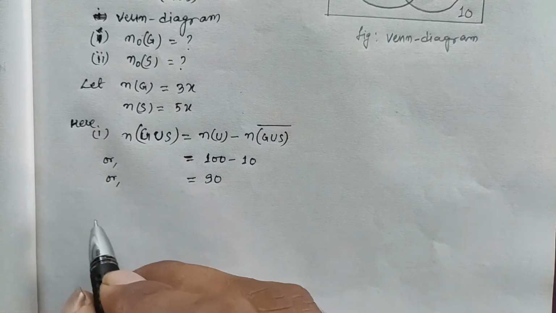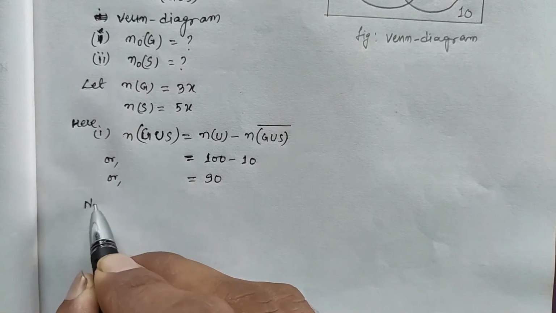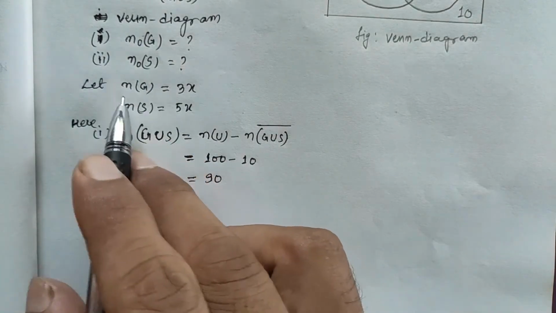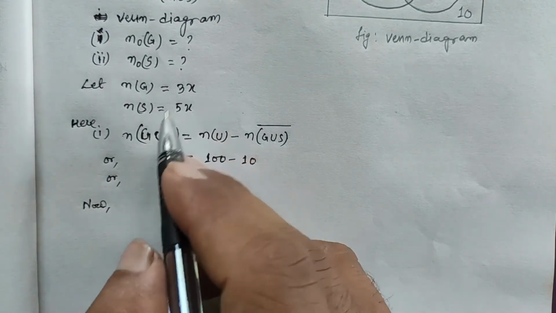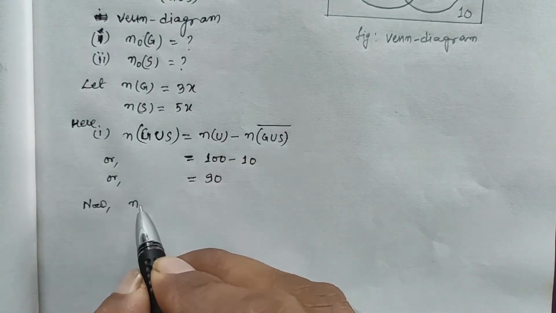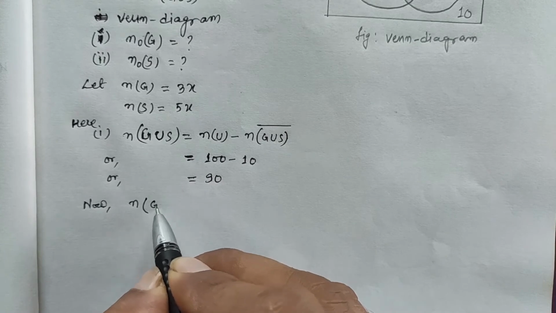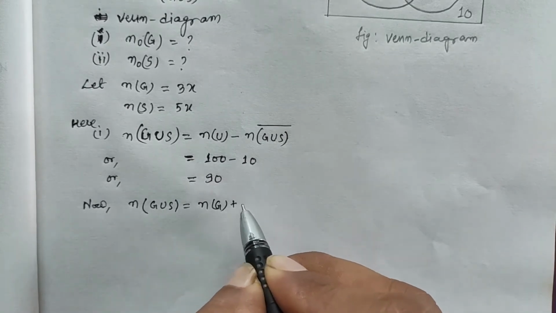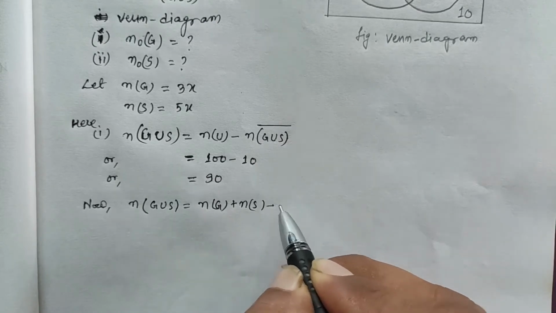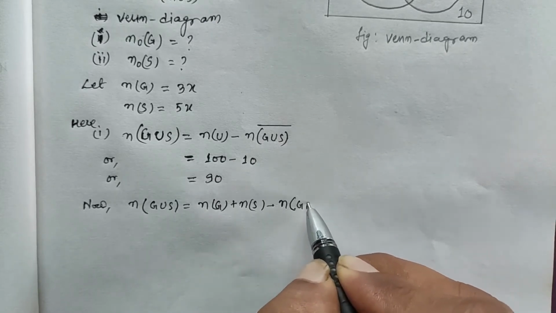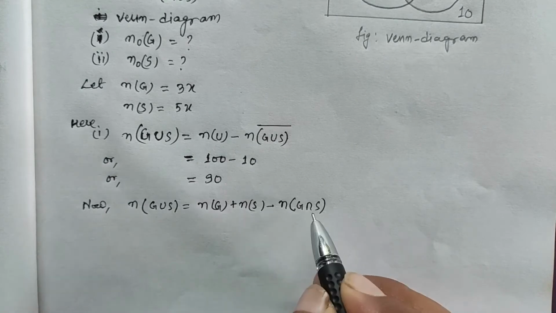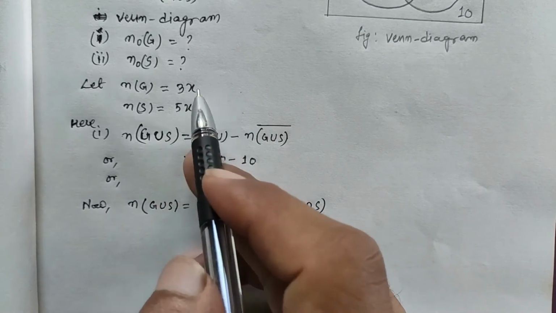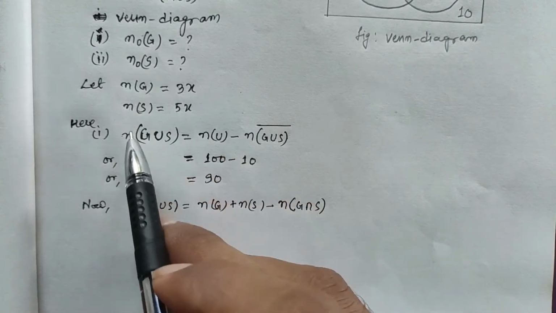So here, as we have let n(G) and n(S) as 3x and 5x, we can use the formula: n(G union S) is equal to n(G) plus n(S) minus n(G intersection S). By using this formula, we find the value of x, then only we get n(G) and n(S).